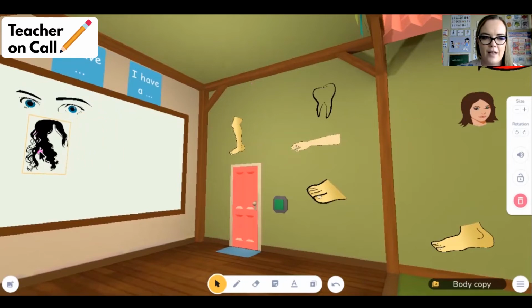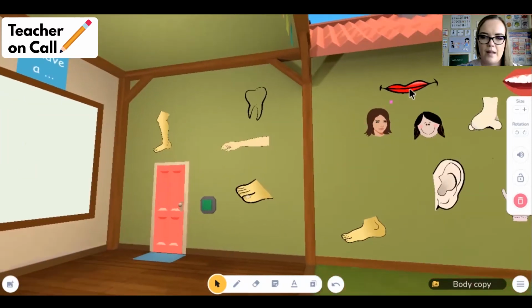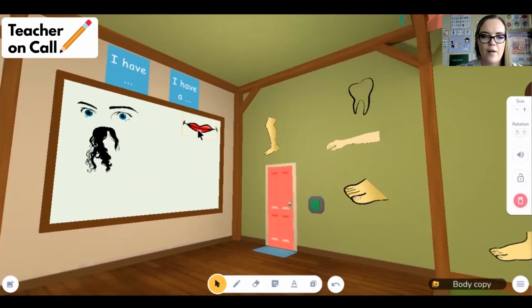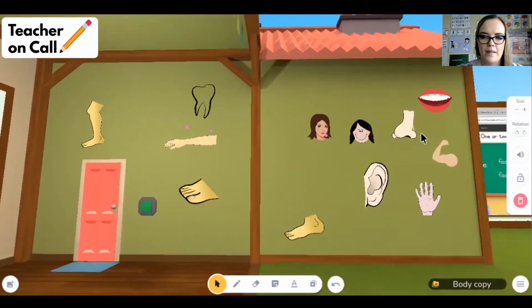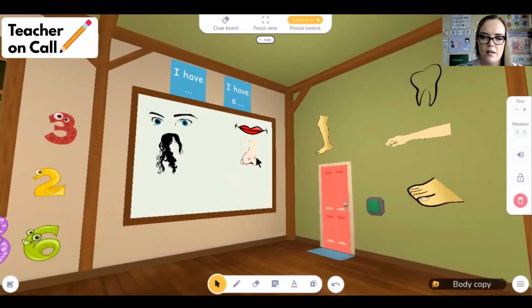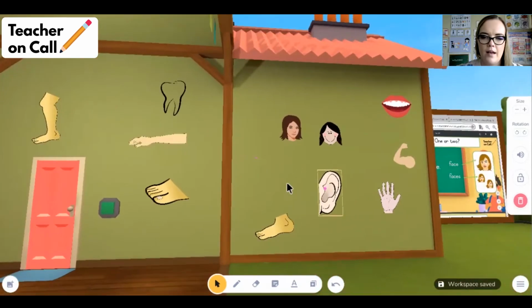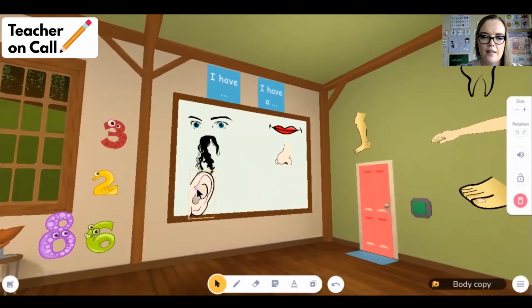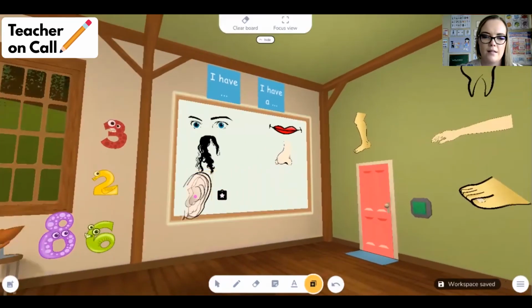I have hair. Not a hair, I have hair. I have a mouth. I have a nose. I have ears. Or I have two ears.